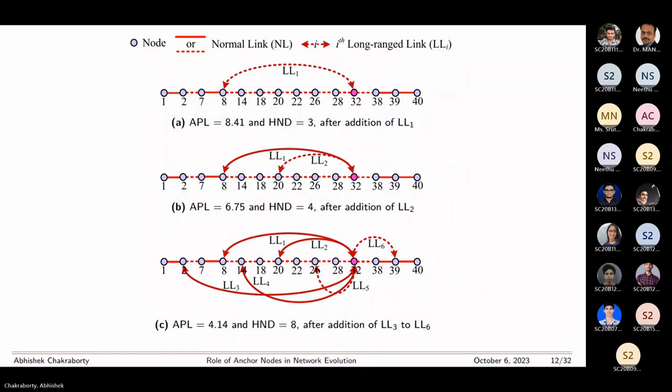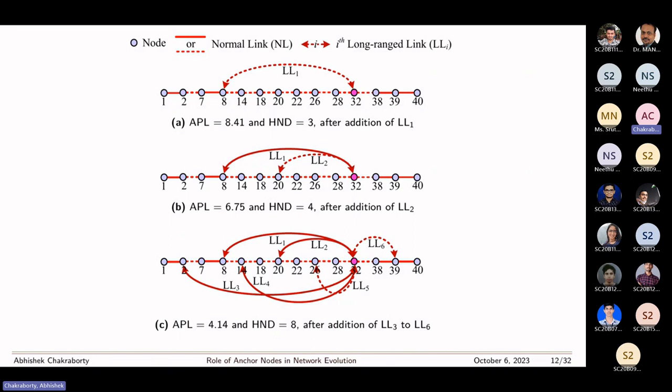In a network, there will be multiple anchors. We found 2 anchors in a string topology by adding the first LL. Maybe 32 will be added to almost all other nodes in the network, then maybe node 8 will start picking up the links, naturally, if you are not forcing it to.